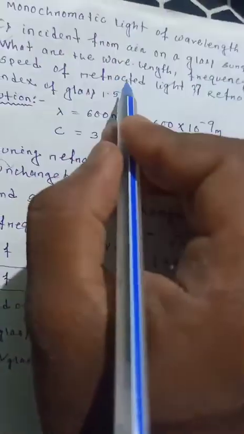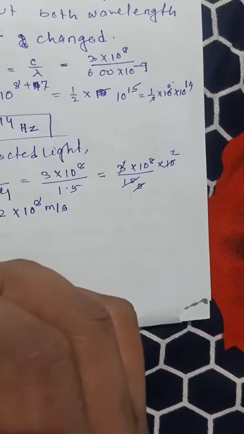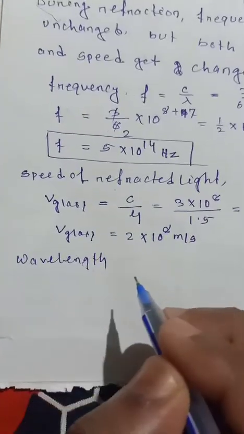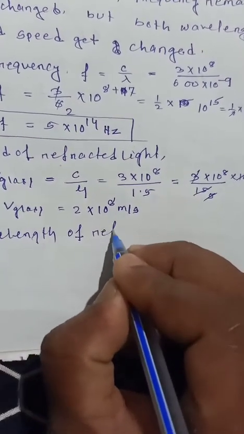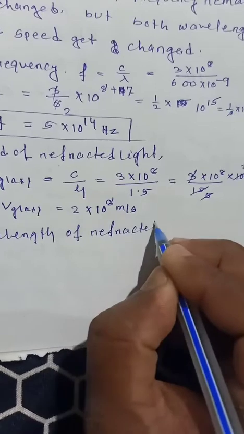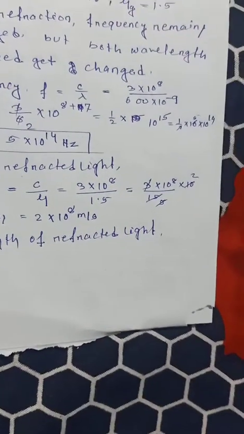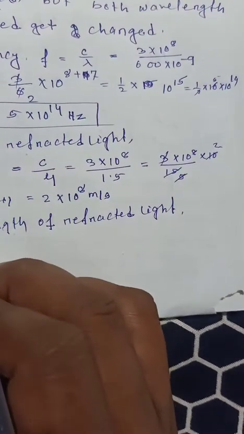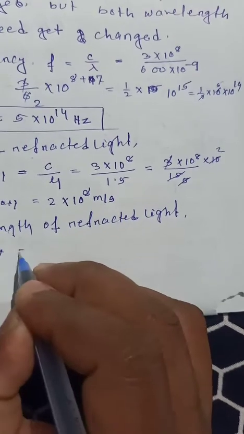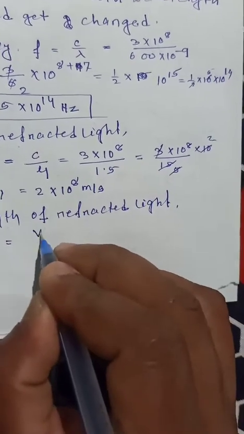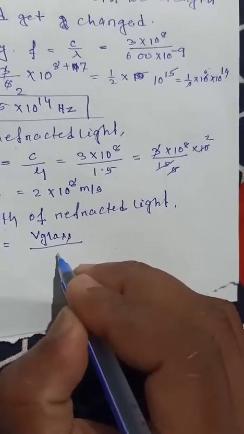Now the question is the wavelength of refracted light. The wavelength of refracted light, lambda glass, is equal to V glass divided by frequency.